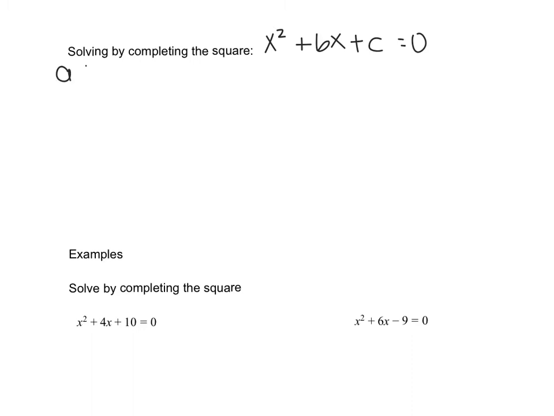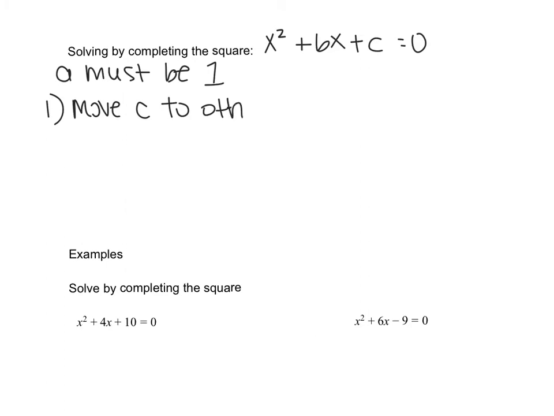So a must be 1. If it's not, you're going to want to divide through by a. As long as a is 1, your first step is going to be to move c to the other side. So it's just x squared plus bx equals c.